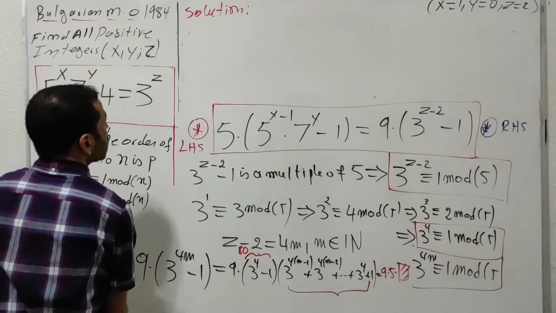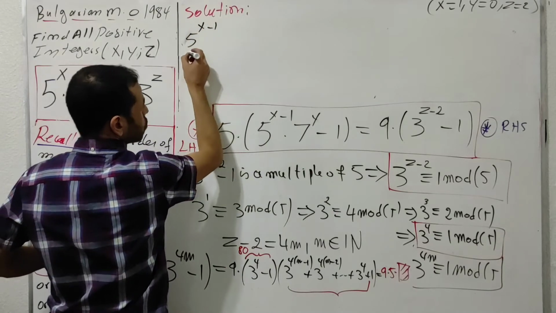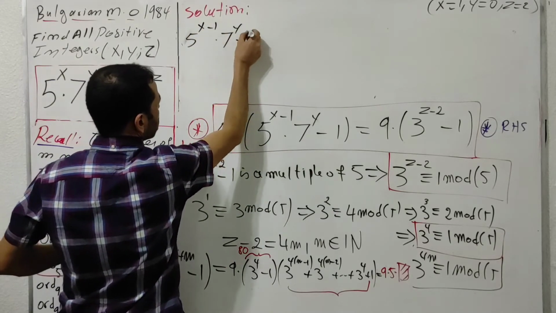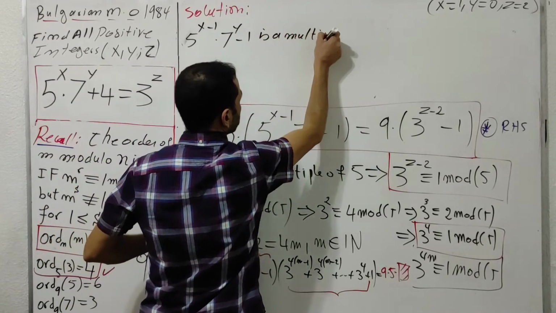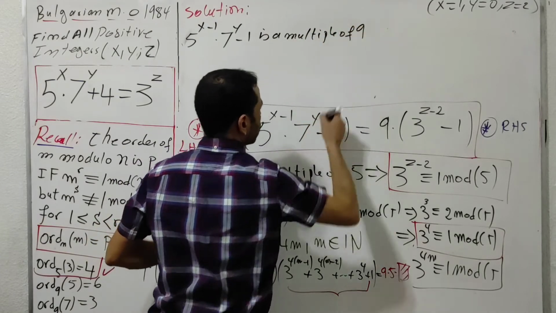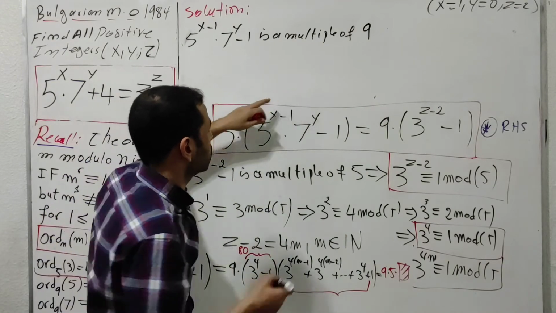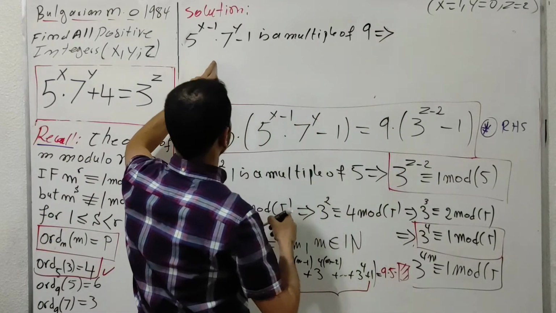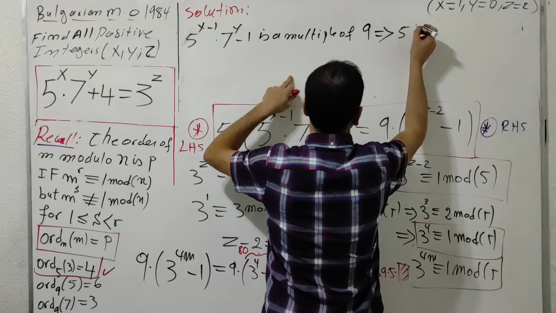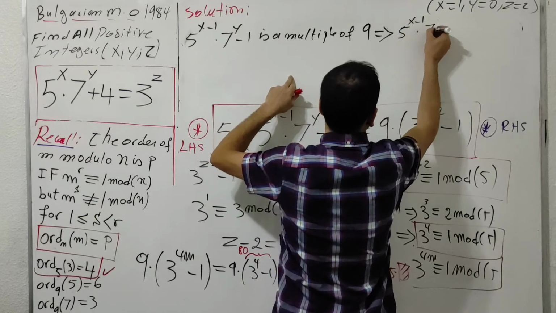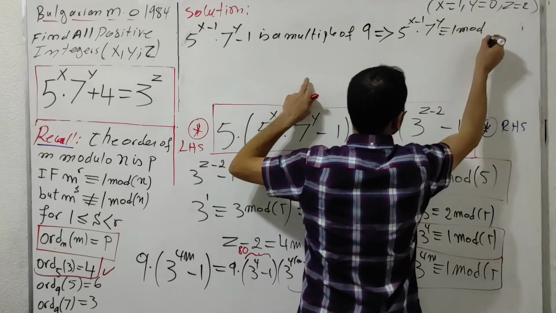So now let's clean up the board and express that in another equation. As we said before, the expression 5 to the x minus 1 multiplied by 7 to the y minus 1 is a multiple of 9. Let's transfer this into congruence. By using the congruence definition, 5 to the x minus 1 multiplied by 7 to the y is congruent to 1 mod 9.